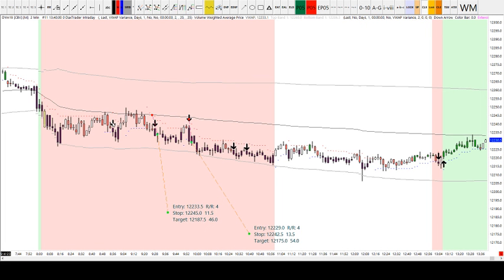You want to be selling when the overlay is red, and you want to be buying when the overlay is green, and potentially avoiding the other areas. So there would have been a sell here that would have likely failed. Another one here which would have maybe failed there because price closed above the dots, and that's an area that you'd get out. And then this one you perhaps could have got a few points out of.